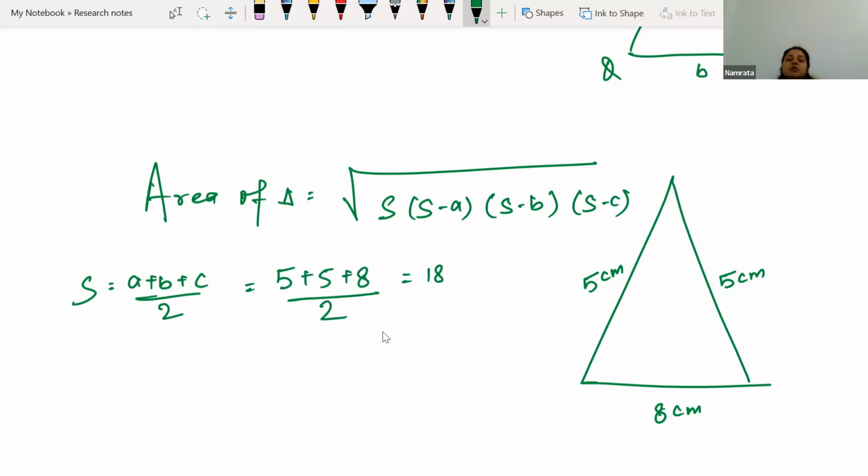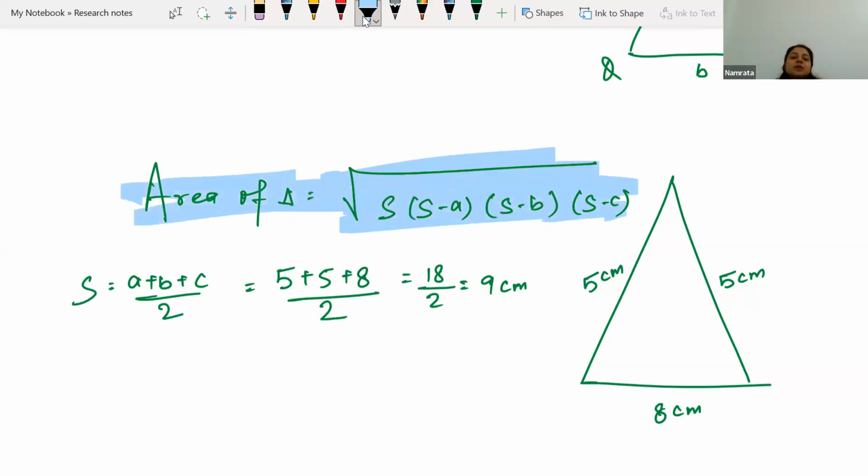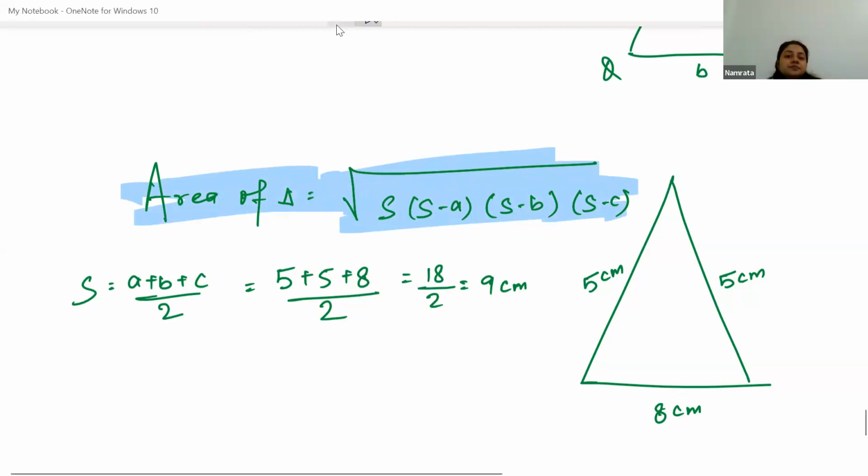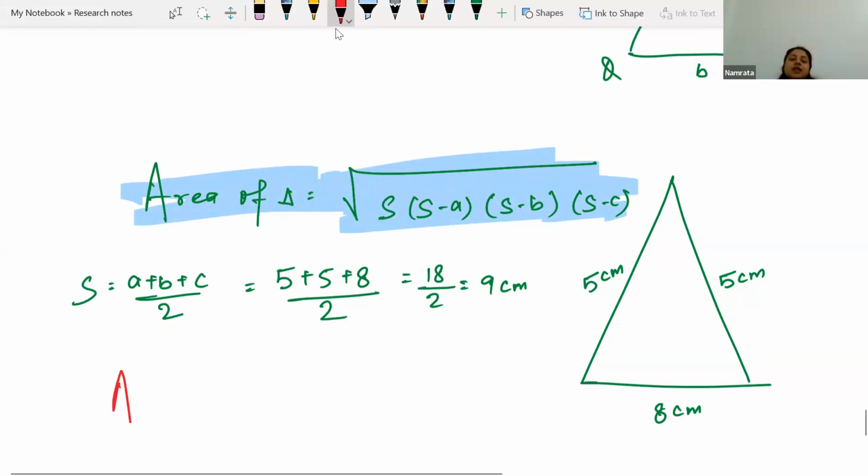That means 18 by 2, that means 9. 9 centimeter we got as the value of s. Now let's put it in the formula. Let's put the values of s, a, b, c, everything, and let's calculate the area now. So let's do the calculation. We will have area is equal to under root s. s is 9.